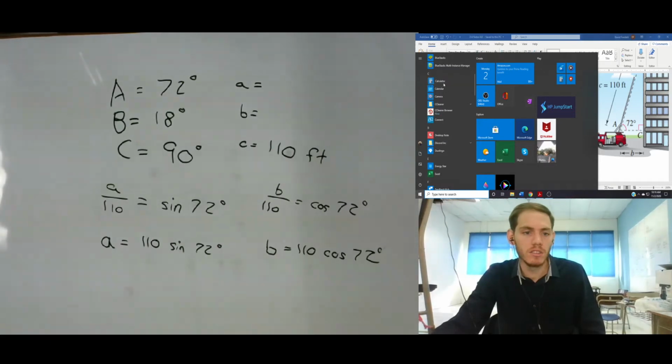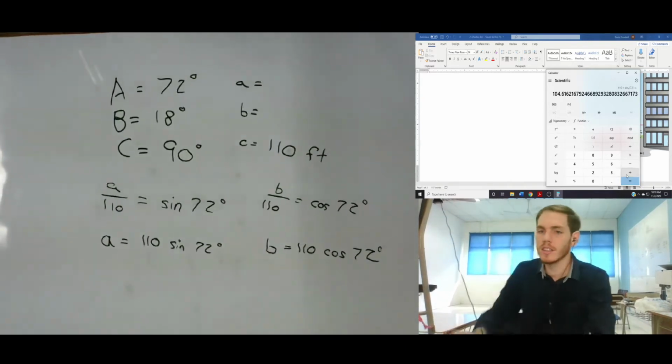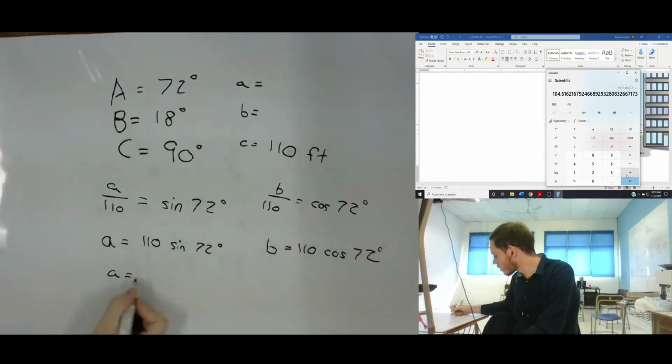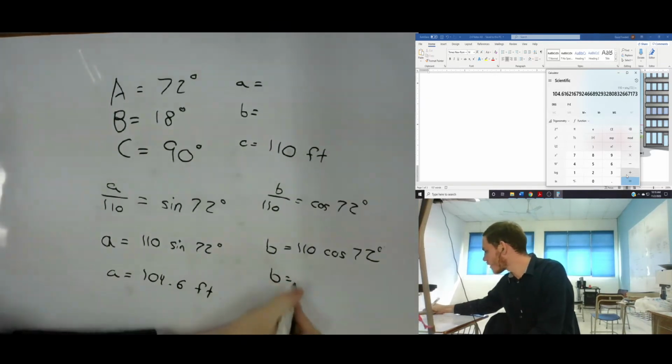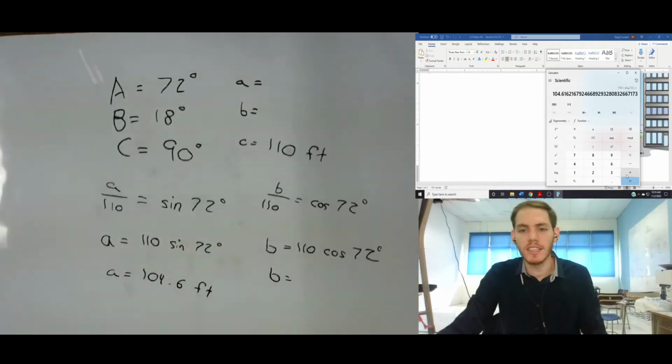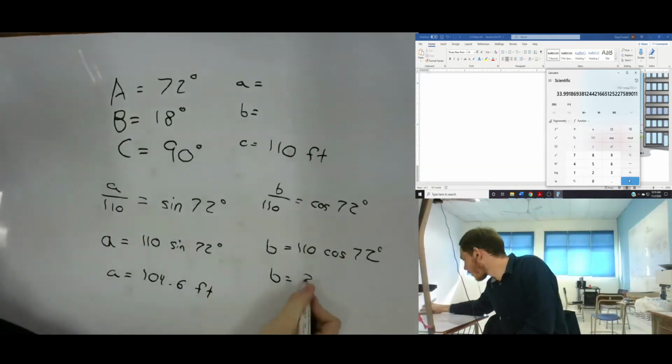Okay, so we do 110 times sine of 72, and get 104.6 feet. And b equals, which in this case is not going to be that hard to figure out, 34 feet.